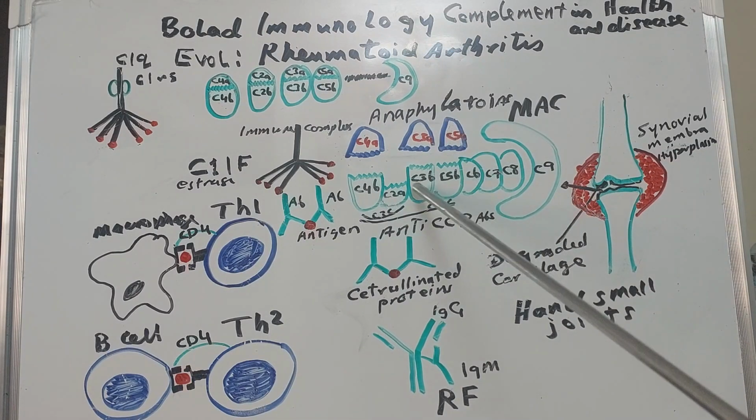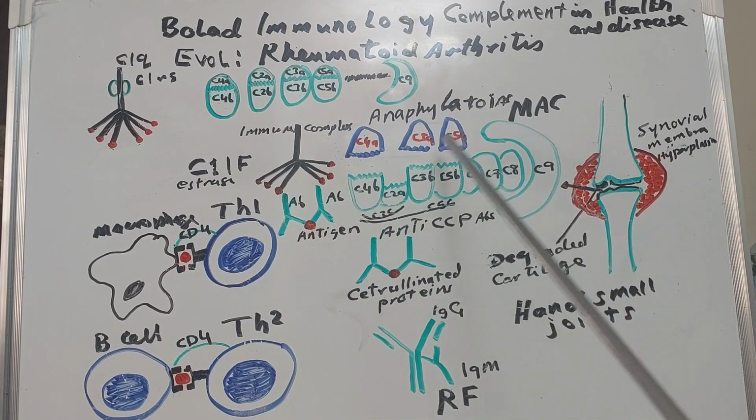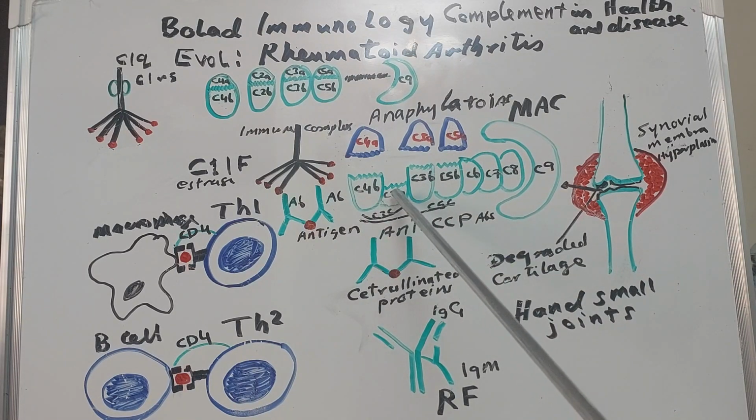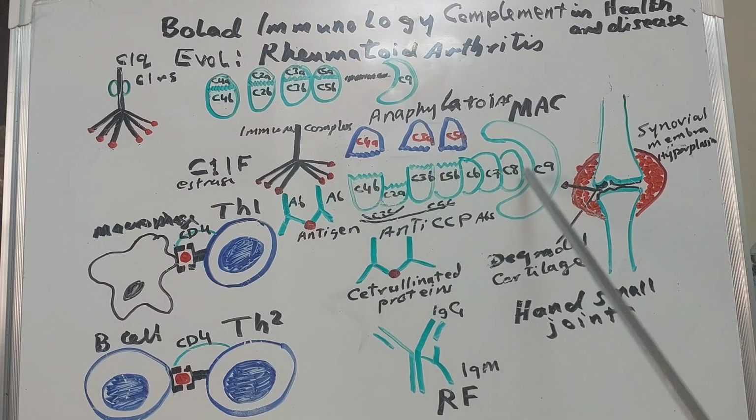C5b will bind to this molecule. Following that, there is no need to cleave more complement components, as the machinery now is on. So C6, C7, C8 bind without being cleaved. And as can be seen here, from C4b up to C5, they look like a key.